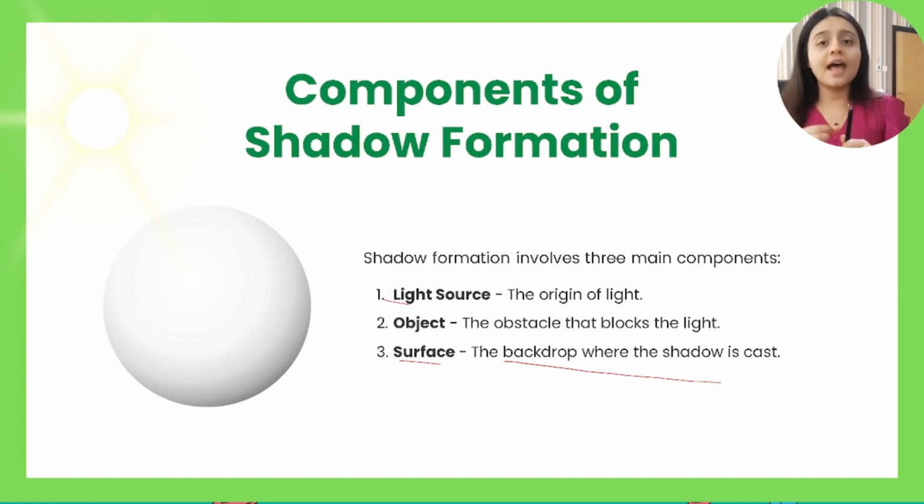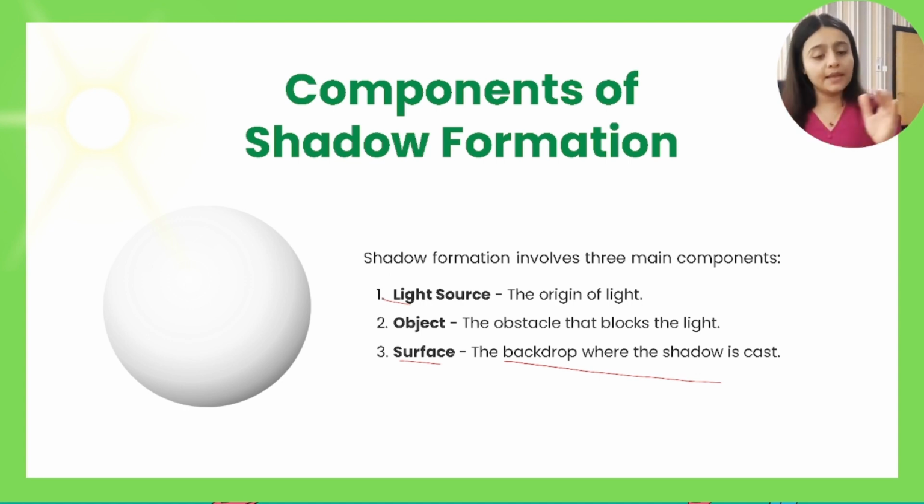Instead, that light is going to be blocked by the object. The reason can be that the size of the object is larger than the source of light. So when the shadow is cast, that object provides a hindrance in the way of the source of light, which results in casting a shadow on a particular surface.